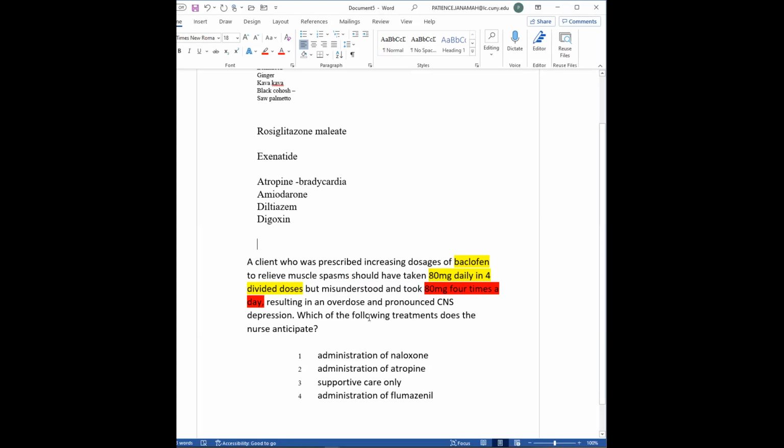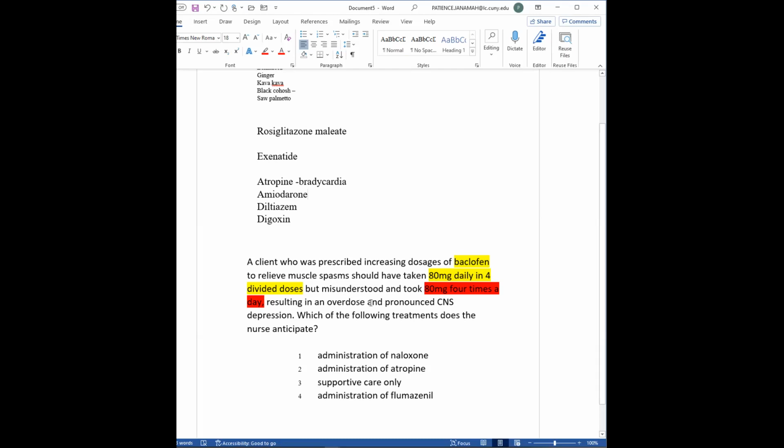Correct. I like that. Resulting in an overdose. The moment they mention overdose, I'm going to think, what's the antidote for baclofen? That's the next thing I'm drawing your attention to. When you are reading the NCLEX questions, I want you to cut them in pieces and understand them.